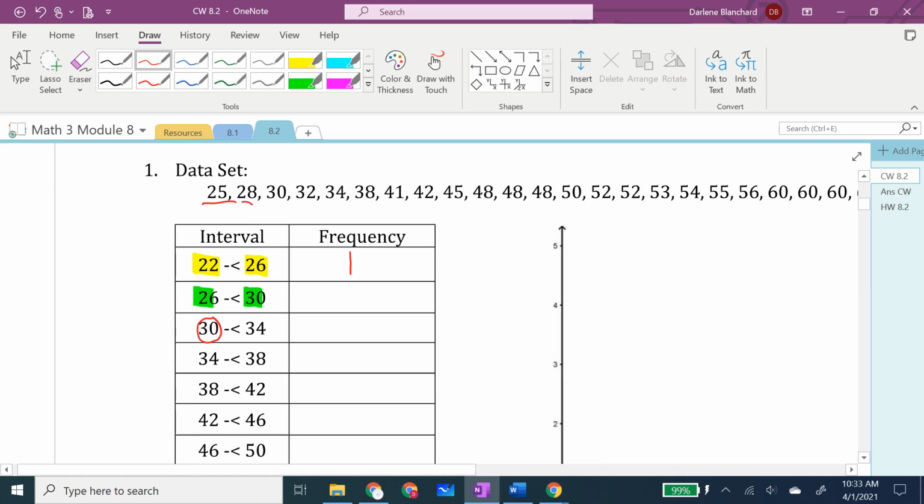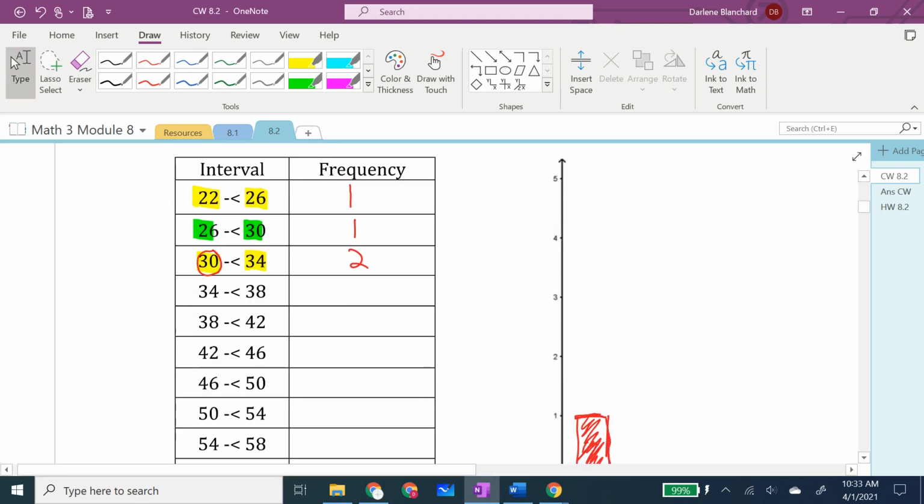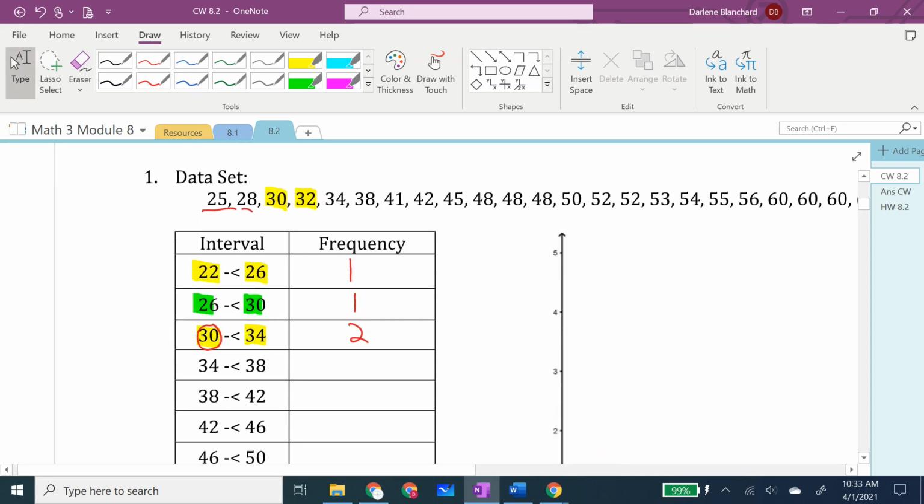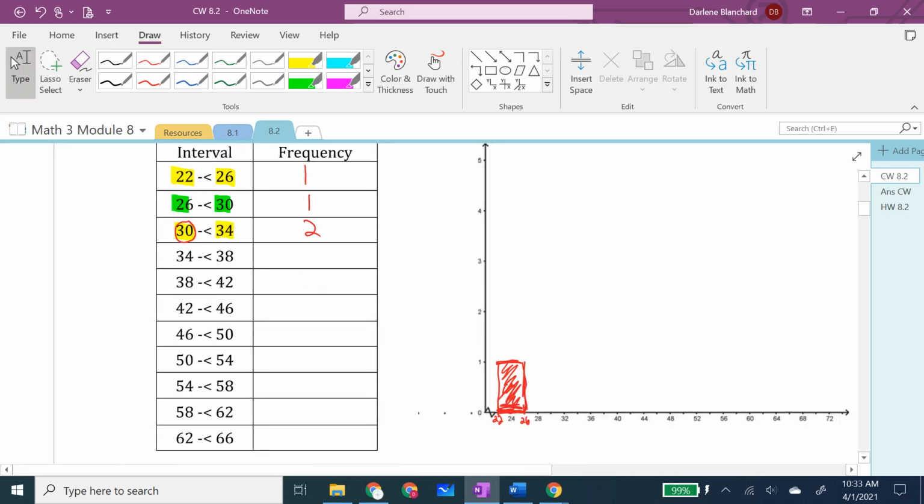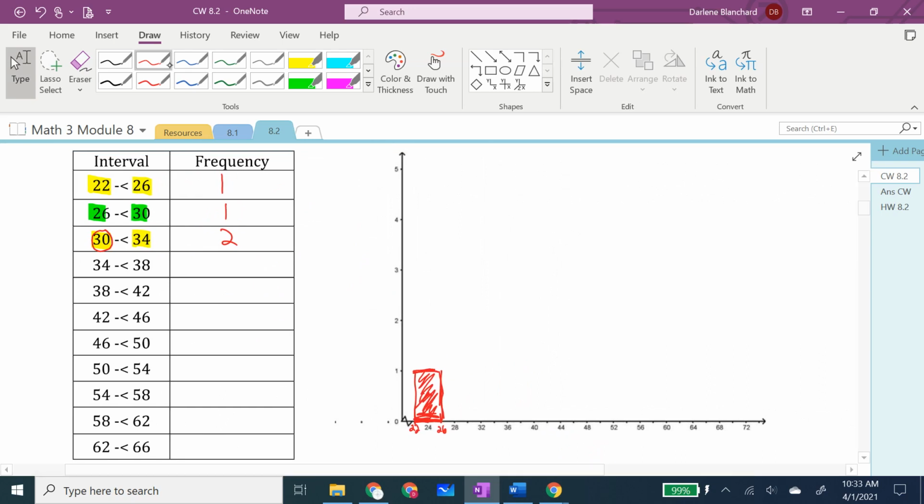So I actually only have one member there. Then the 30 is going to go with the next frequency. For the next frequency, we have 30 included, but not including 34. So now I have a frequency of 2. And so you're just going to continue doing that. So write down what the frequencies are, and then you are going to sketch that frequency over here.